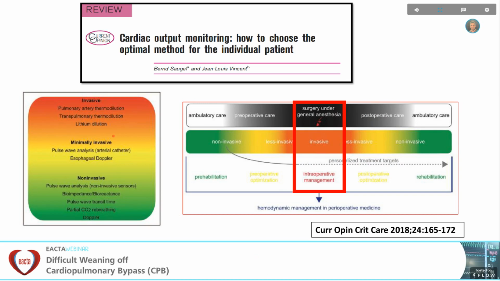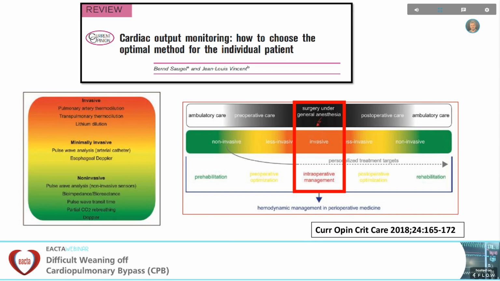What kind of monitor can I use nowadays? We have to choose between invasive, minimally invasive, and non-invasive, and it's well described in the literature that under general anesthesia, in the type of patient that we anesthetize for complex cardiac surgeries, with comorbidities, low ejection fraction, pulmonary hypertension and high degrees of diastolic dysfunction, we choose thermodilution by Swan-Ganz catheter. Others are minimally invasive catheters like transpulmonary thermodilution or lithium dilution, like PiCCO and LiDCO.